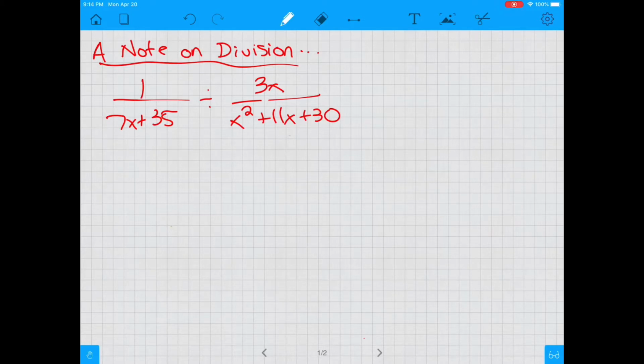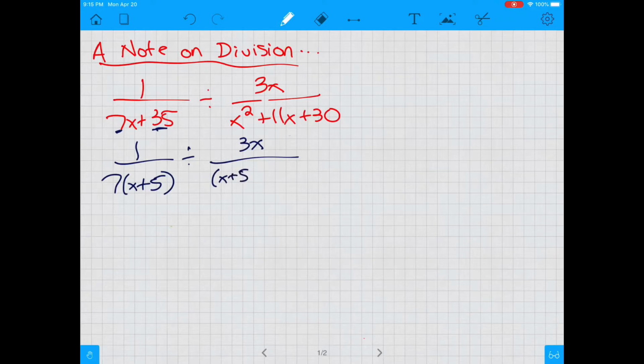In order to do something like that, I took this example right off of that same worksheet. I think this is number 18 or something, but I'm still going to go through my first step of factoring everything. For that first fraction, in the denominator I can factor out a GCF of 7 from those two terms. The second fraction, I can't really touch that numerator, there's nothing I can do there, but the denominator is a quadratic that I can factor pretty easily.